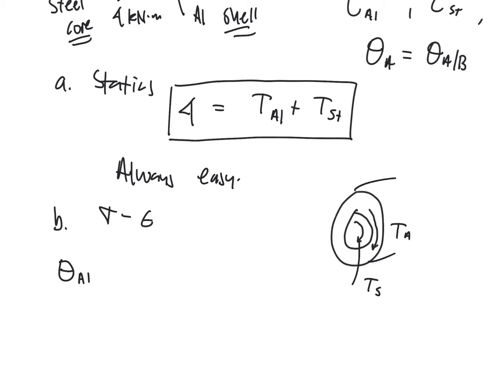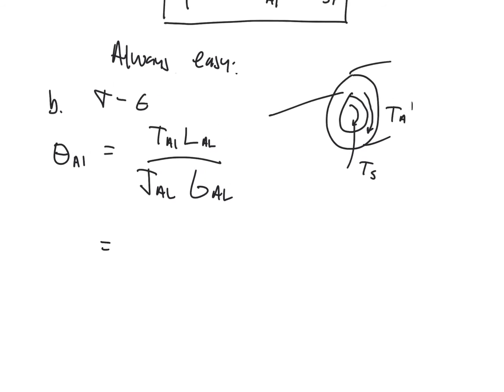Theta of the aluminum is equal to the torque in the aluminum times the length of the aluminum divided by J of the aluminum and G of the aluminum. It's almost pretending like there's only that segment. So we'll put in the values that we know. That's the torque of the aluminum, one of our unknowns. The length is 25 meters.